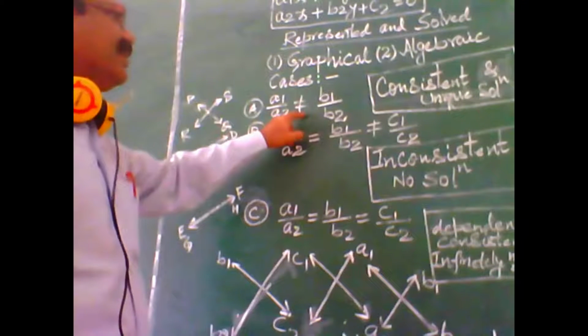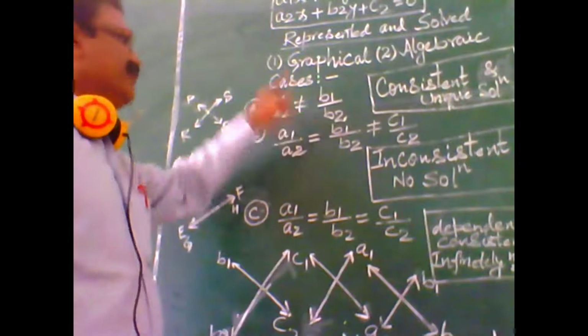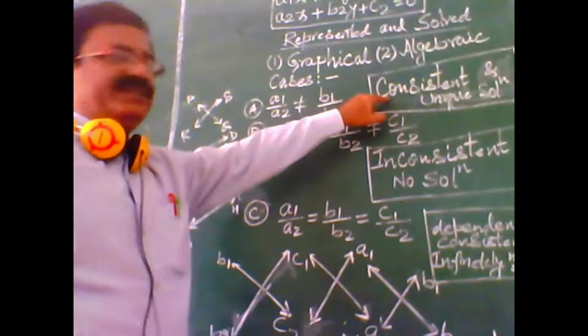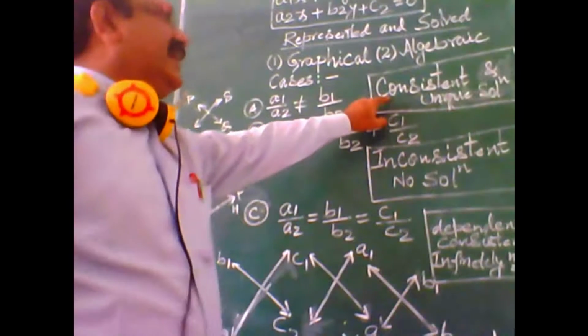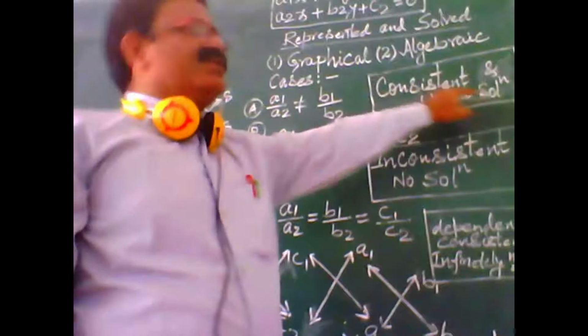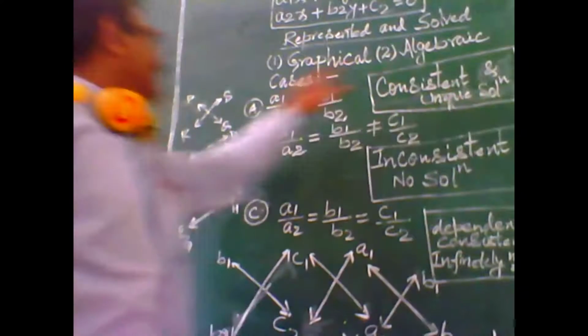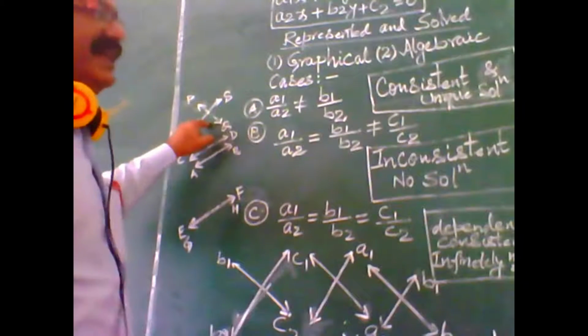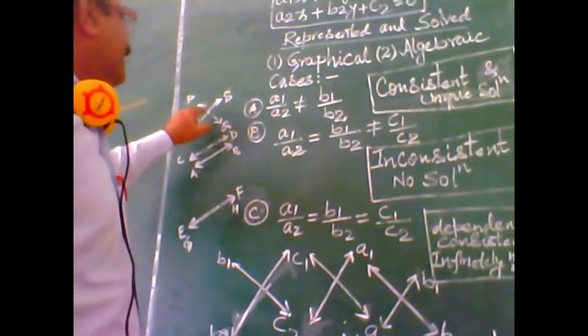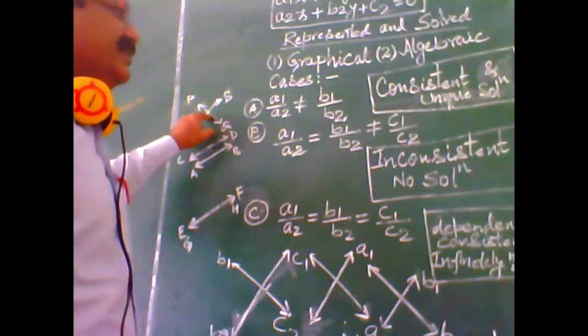If it is not equal, in such conditions the system is consistent and a unique solution can be obtained, and the lines will intersect each other in the graphical method.